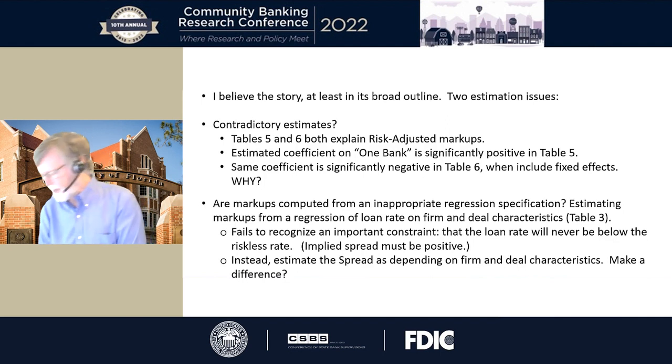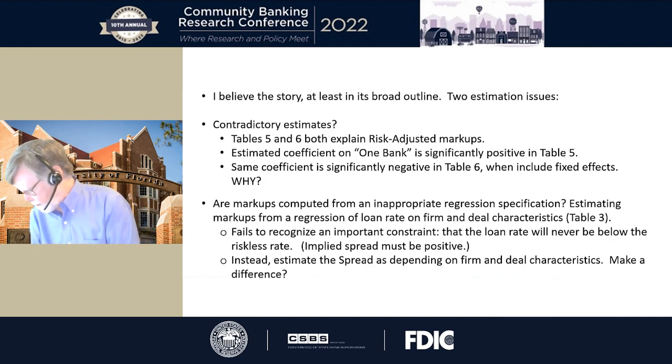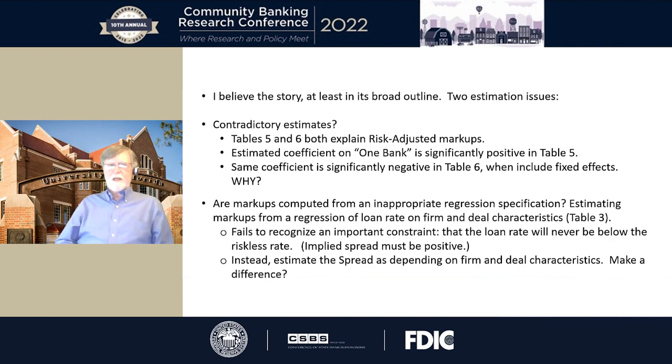Now, the other thing I wanted to say is a little bit more subtle, which is the markup information comes from regressing the loan rate on information about the loan. Risk information, generated internally, PD, LGD, and some presenting characteristics of the borrower. Here's the thing I'm worried about.